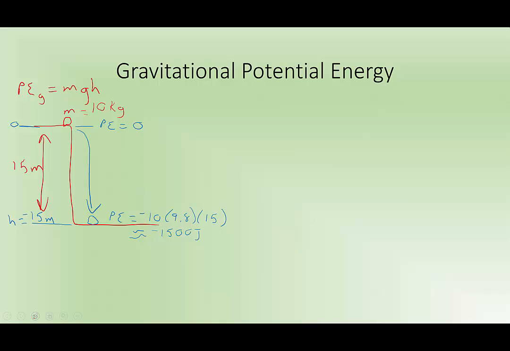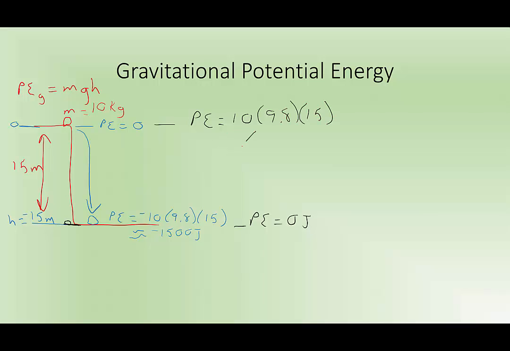We can change that. Let's say we want to have our 0 point down here. Then our potential energy at the bottom is going to be 0 joules because it has no height. But our potential energy up top is going to be mgh, 10 times 9.8 times 15.